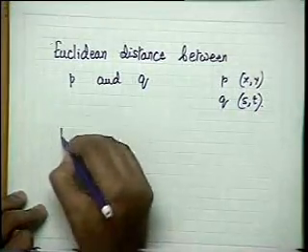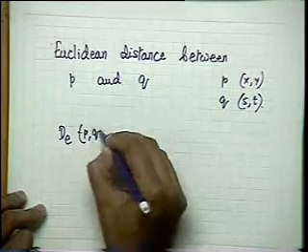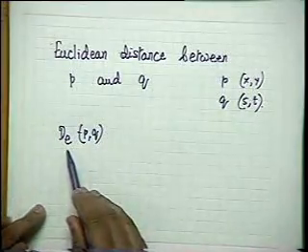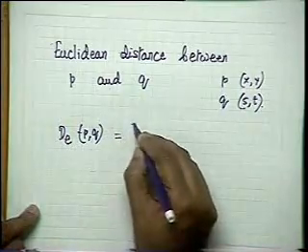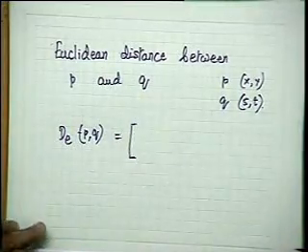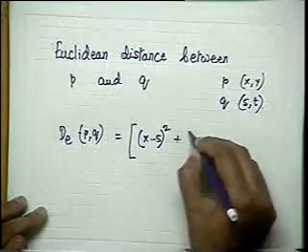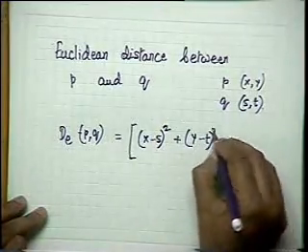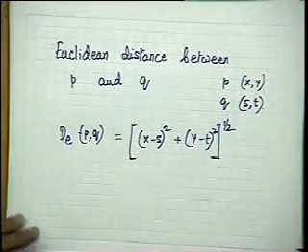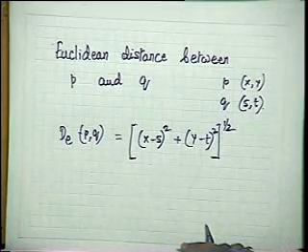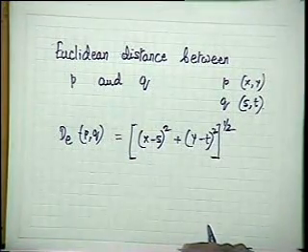And the Euclidean distance dE of PQ, I will be writing as dE, with suffix e, that is equal to simply (x minus s) square plus (y minus t) square, this whole thing to the power half, the square root of this expression. This gives us the Euclidean distance.